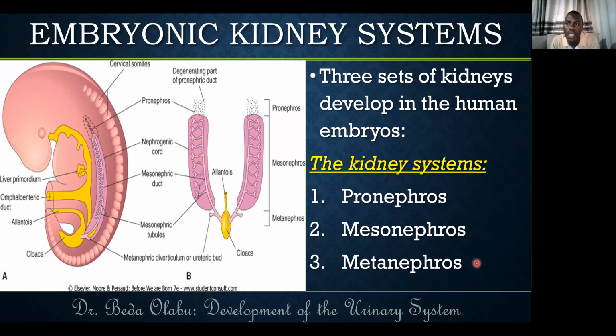Now, not in the neck, not in the thorax, not in the abdomen, but in the pelvis. These metanephros are the ones that contribute to formation of the final kidney, what we call the permanent kidney, the kidney you and I have. So those are the three kidney systems.